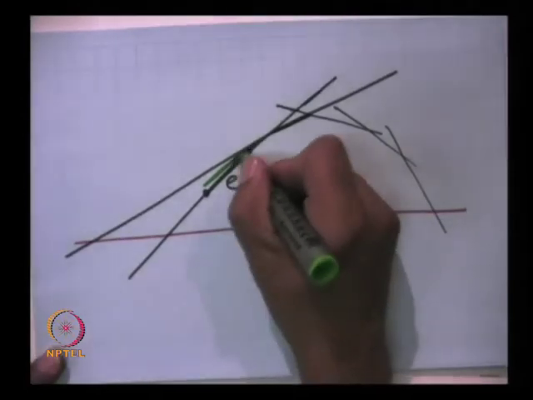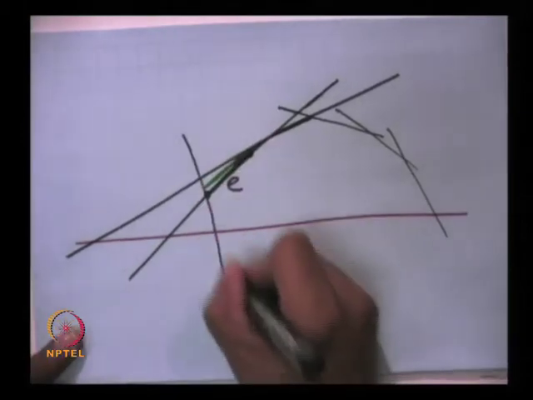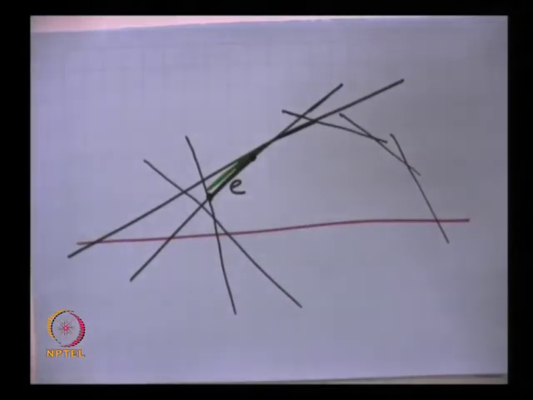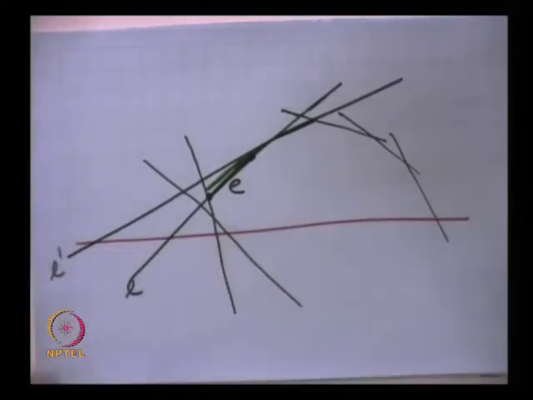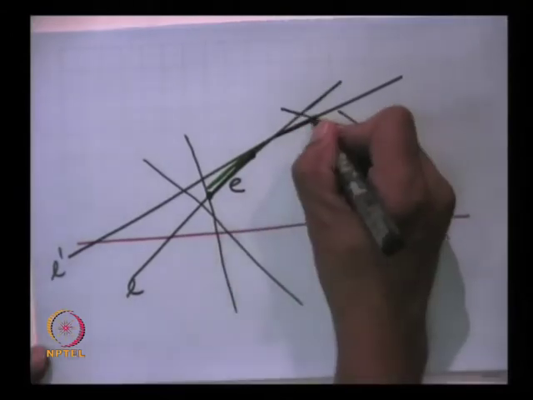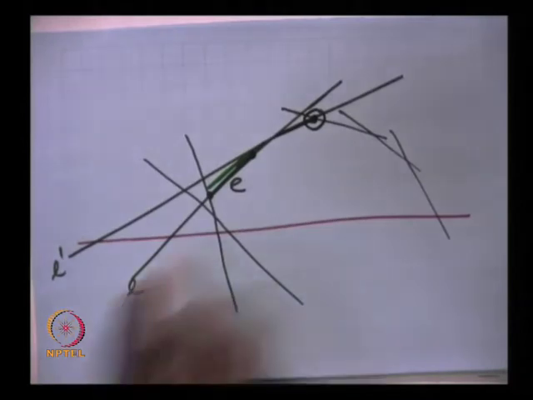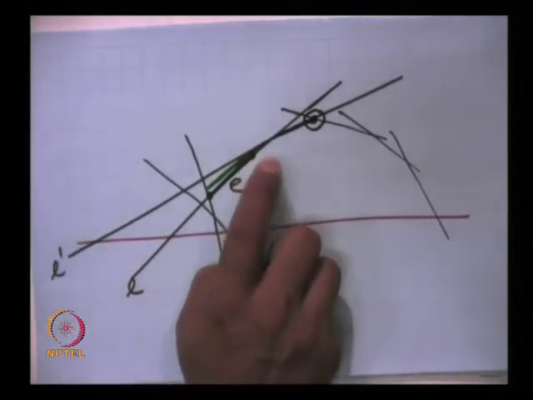In this case, let us say that there is another edge, somehow that is how it looked. Does anyone see why this line L, if it is being charged by this edge E, will never be charged by another edge?